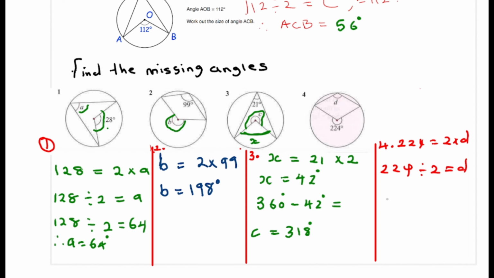D equals 112 degrees. So this is how we work with the first theorem, which says the angle at the center is twice the angle at the circumference.